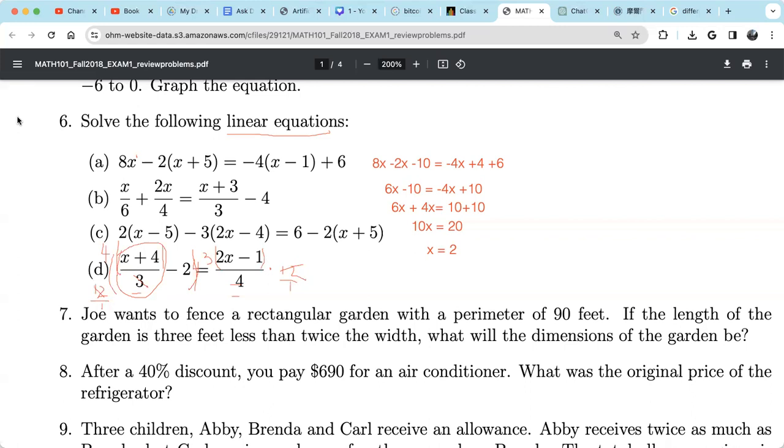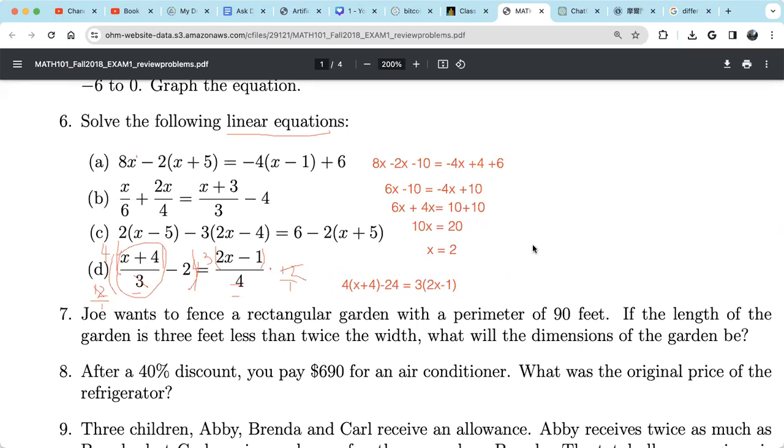When I multiply by more than 2 terms, I always use parentheses. So after I multiply by the least common multiple of 12, it becomes 4 times x plus 4, minus 24, equals 3 times 2x minus 1.